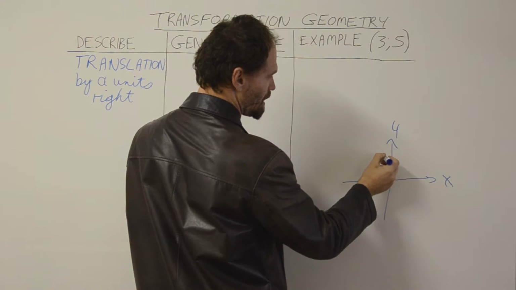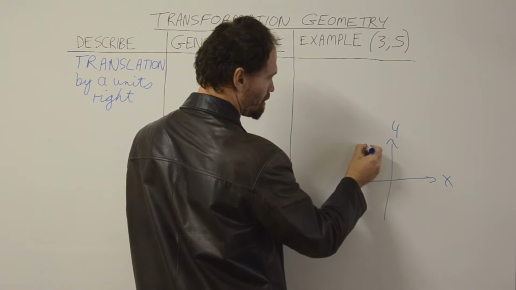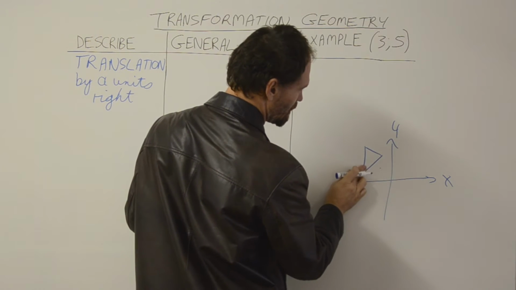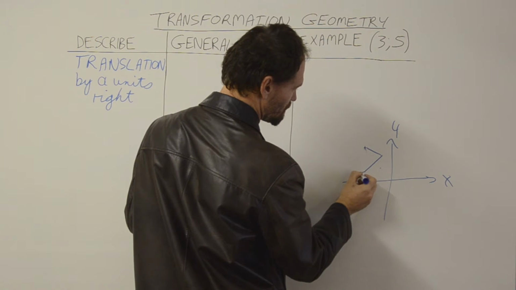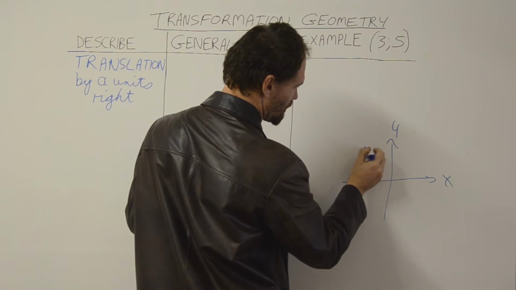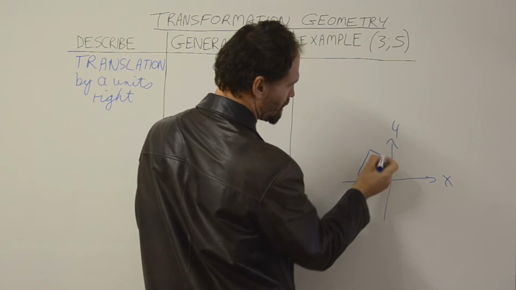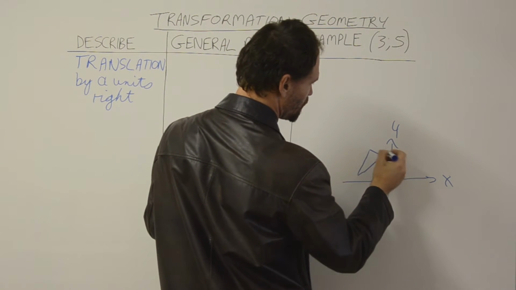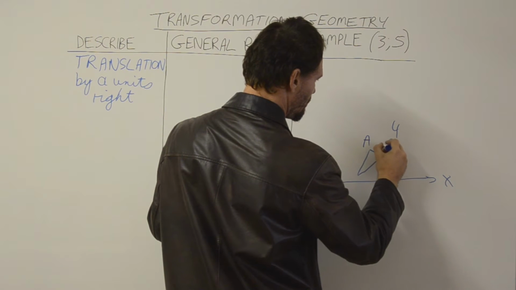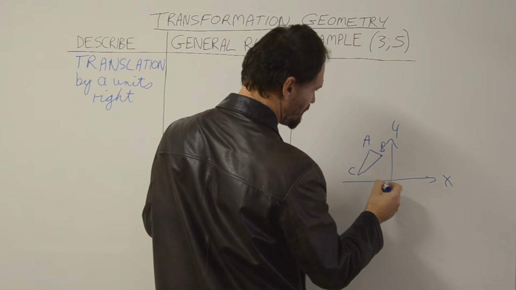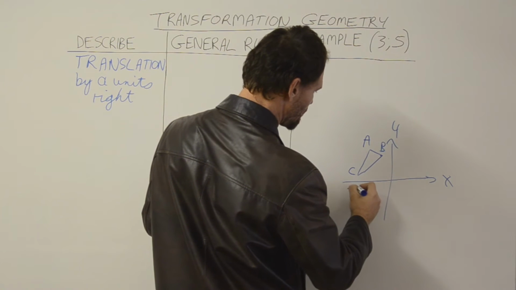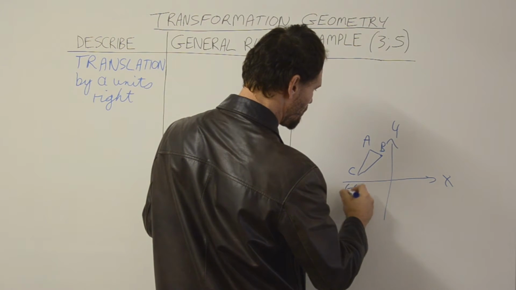And if I had a triangle like that, let me just take it over a little. There we go. So let's say that's the points A, B, and C. That's -6 and 1.